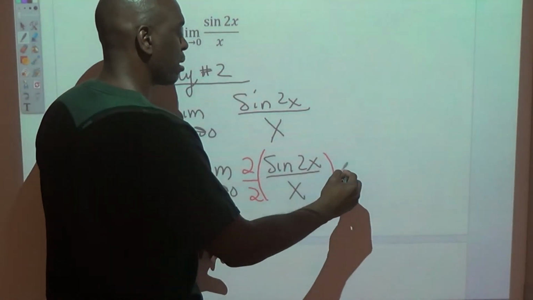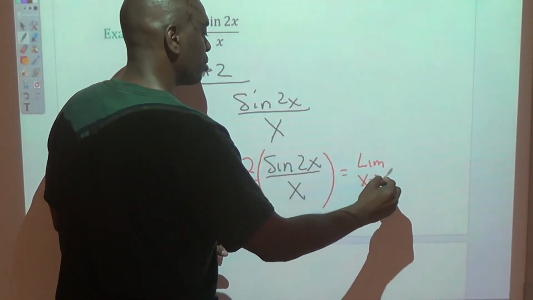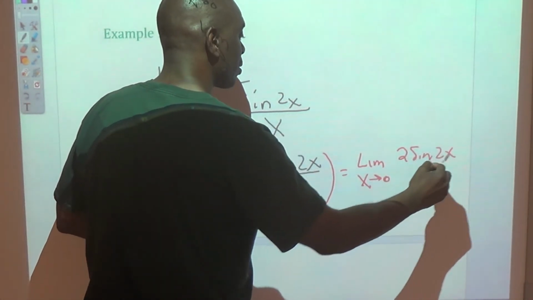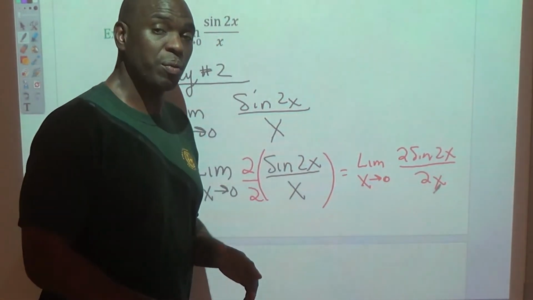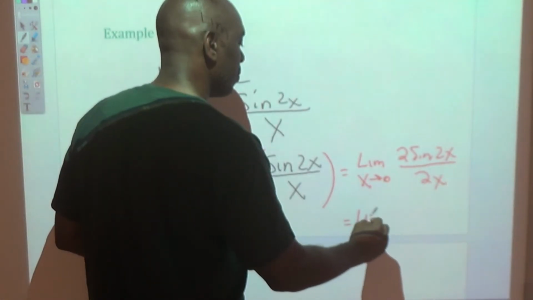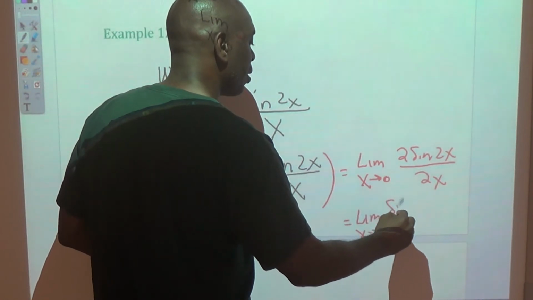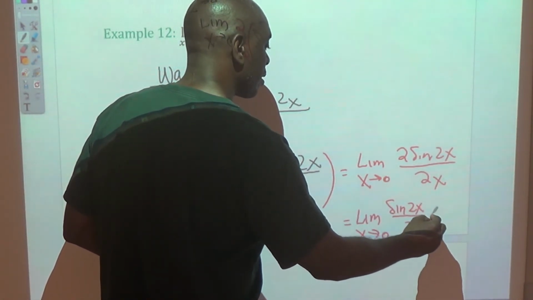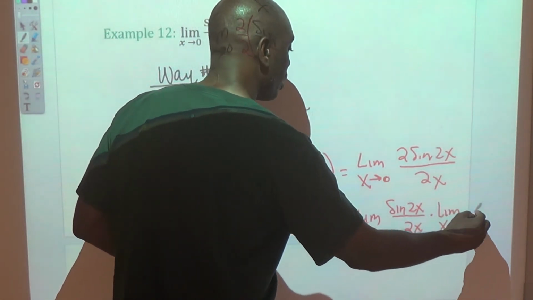And if we do that, we get the limit as x goes to 0 of 2 sine 2x all over 2x. And now separate it again. We have the limit as x goes to 0 of sine 2x over 2x times the limit as x goes to 0 of 2.